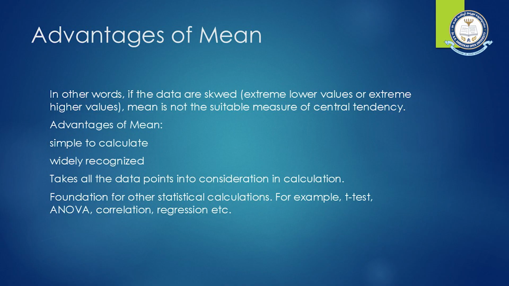It takes all the data points into consideration in calculation, and it is the basis for other statistical calculations such as t-test, ANOVA, correlation, regression. All these measures are based on arithmetic mean. Arithmetic mean has several useful mathematical properties.